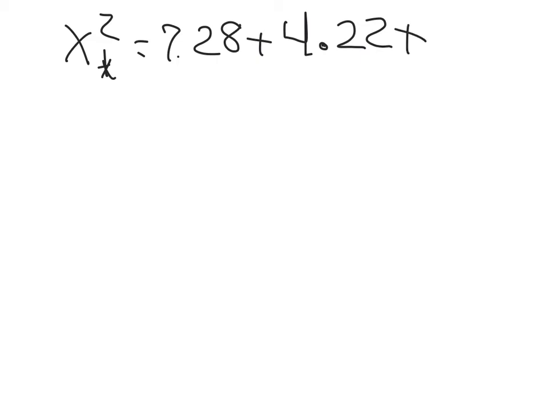And then the last term, I take 35 minus 36.25 and square it, and then divide by that value, and I get 0.0017. Let me double check that. I think it's right, but let's double check.